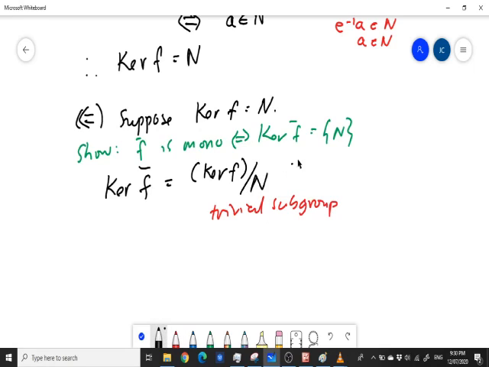So what happens is it just becomes n mod n, which contains only one element, just n.